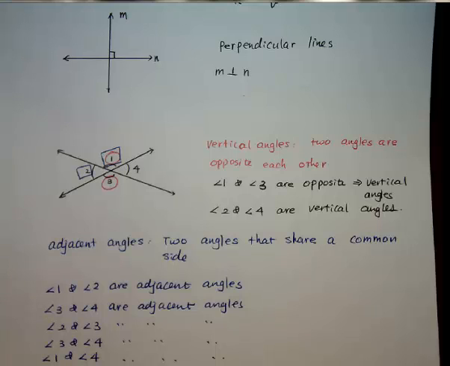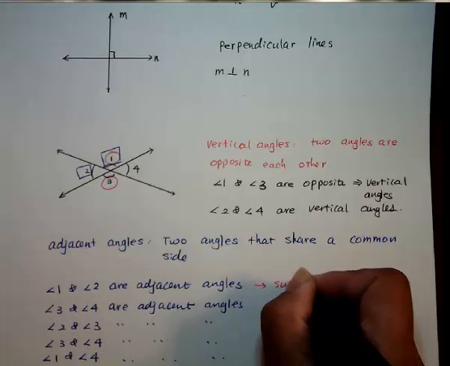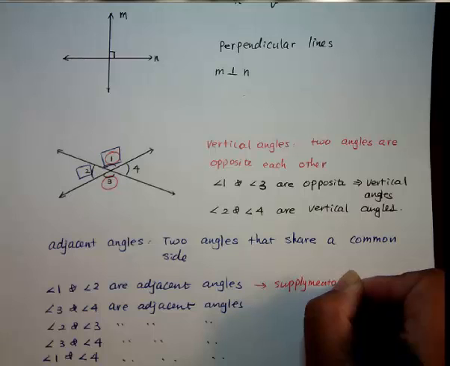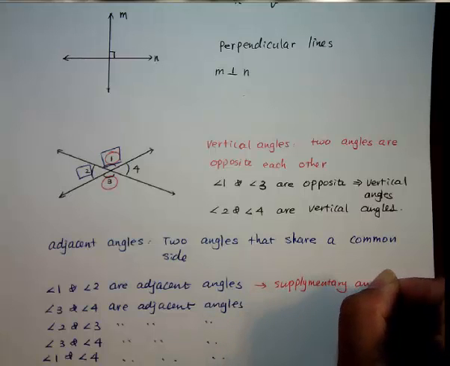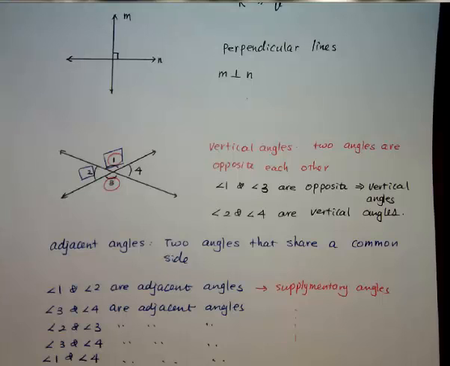The adjacent angles formed by intersecting lines are supplementary. So those adjacent angles are also supplementary angles. This applies to the others, because the sum of the measurements is 180 degrees, they form a straight angle.